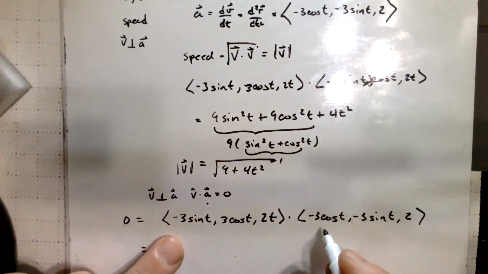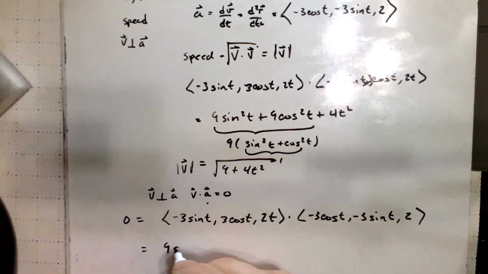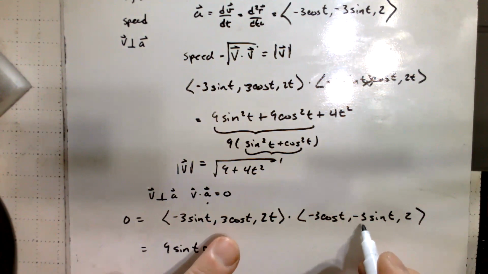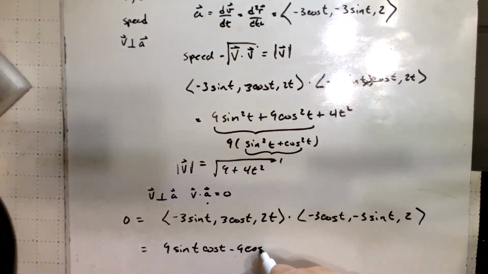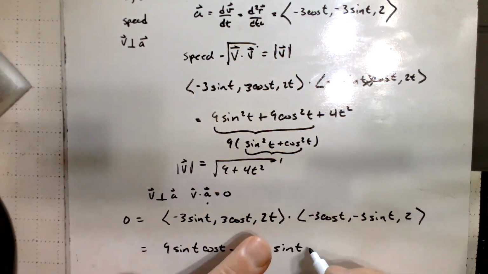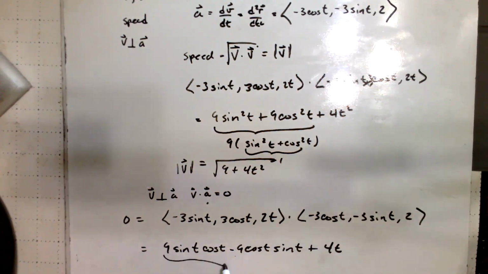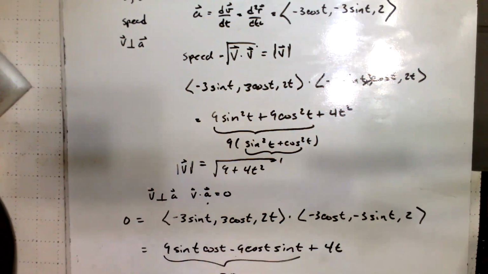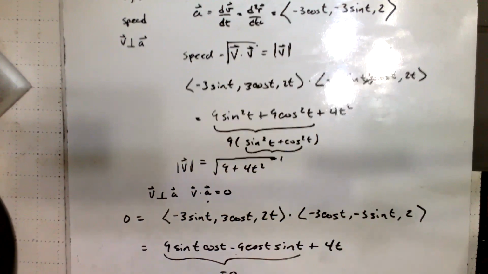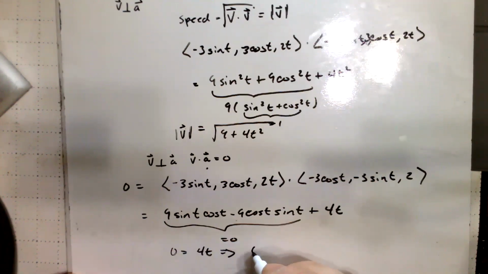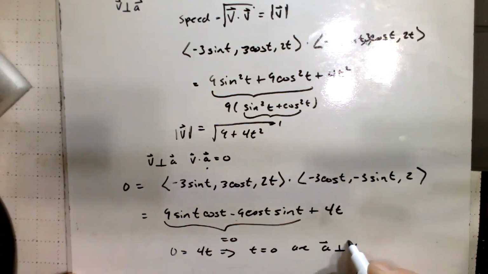Likewise as before, we have negative 3 times negative 3, so that's going to be 9 sine t cosine t, minus 9 cosine t sine t, and then plus 2 times 2t, which is 4t. That equals 0, so you're just left with 0 equals 4t, which implies that only at t equals 0 is a perpendicular to v.